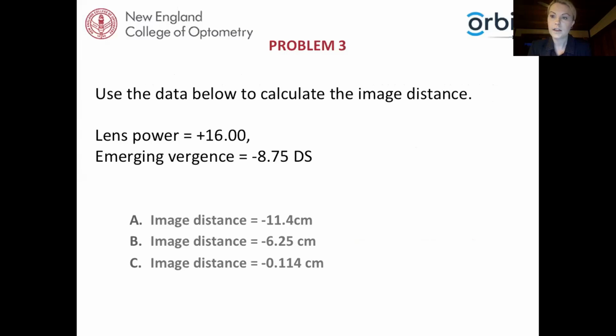So the next question is, where would the image for this stand magnifier be located?